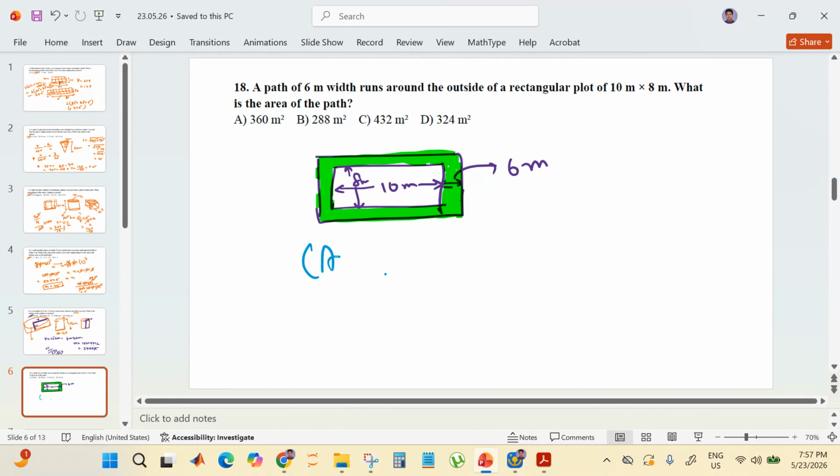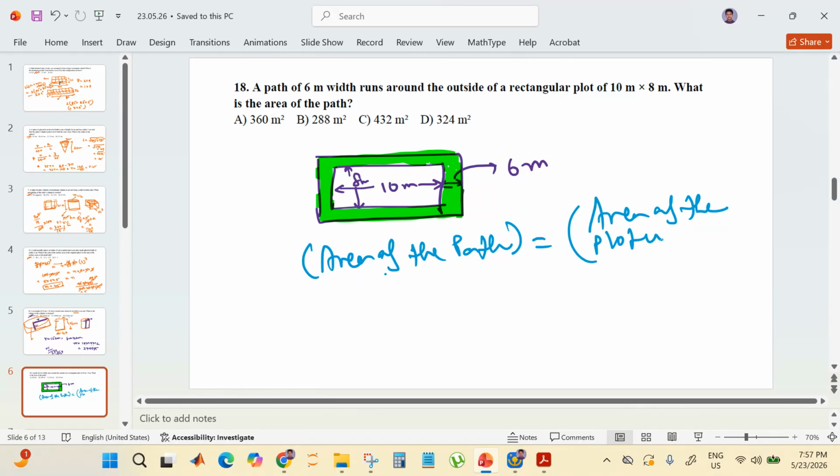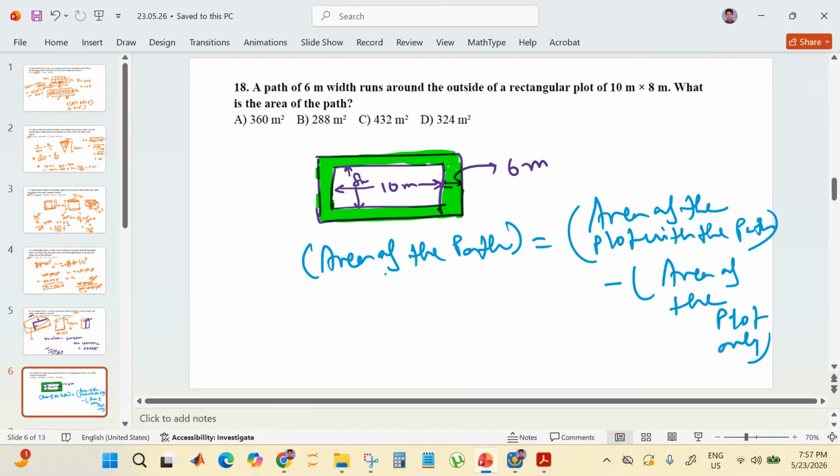That means the area of the path will be equal to the area of the plot with the path, subtracted by the area of the plot only, right? If we subtract the middle part from the whole part, we can find this part only.